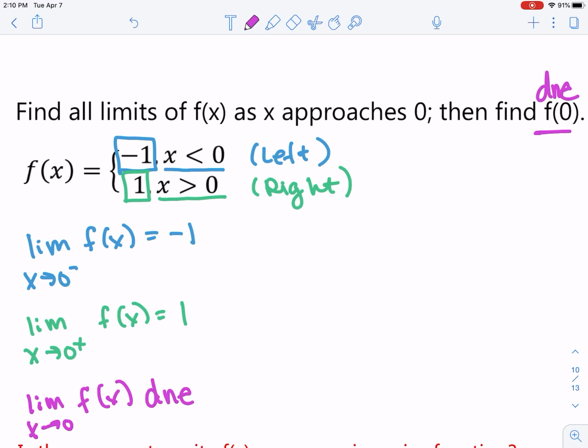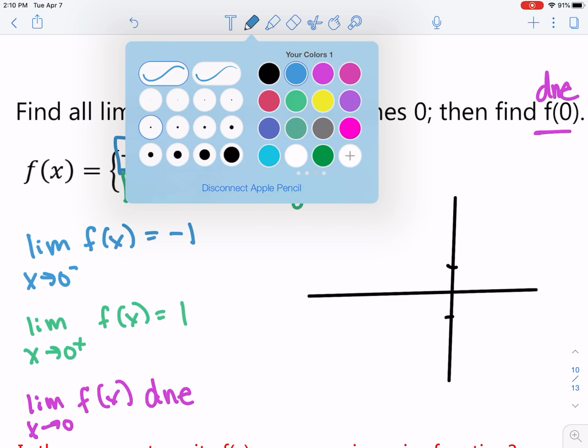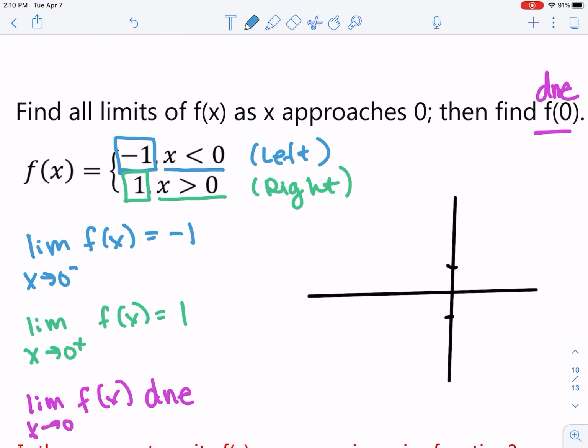All right, here's what I'd like to do next. Can we get kind of a graphical picture of this and maybe go sort of backwards and see if our answers line up here? So let's go here. My graph is y equals -1 for all x's less than 0. That would be all my negative x values, right?